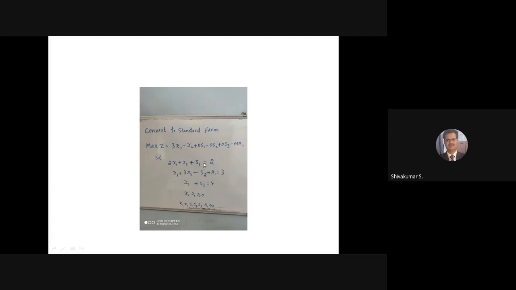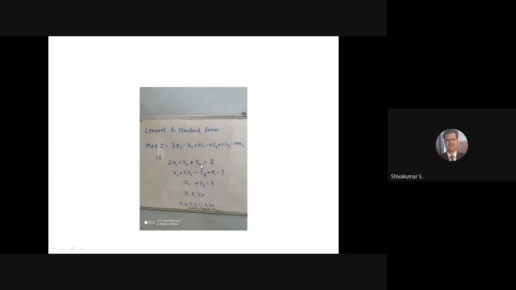Because the basic variable should always have positive values, and this surplus variable is negative, you are going to introduce one more variable called artificial variable, plus a1, to counteract the surplus variable.